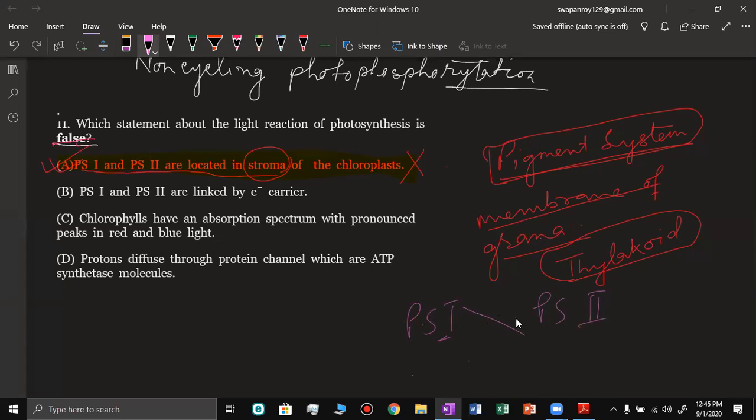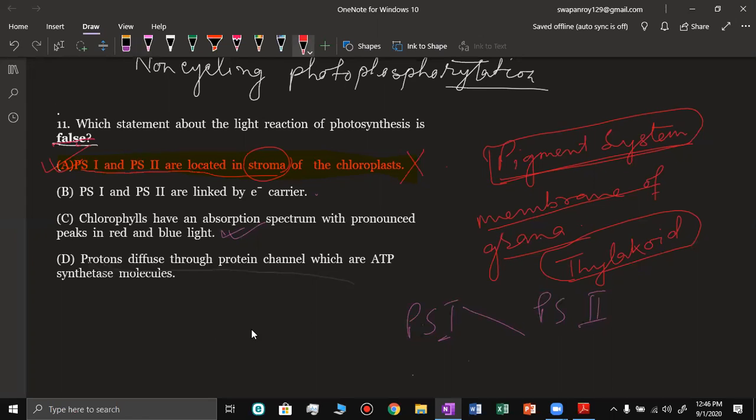Different electron carriers are there. So electron from the PS2 moves to the PS1 and then finally to the NADPH2. So this statement is correct. Chlorophyll has an absorption spectrum with pronounced peaks in red and blue light. This statement also is correct.